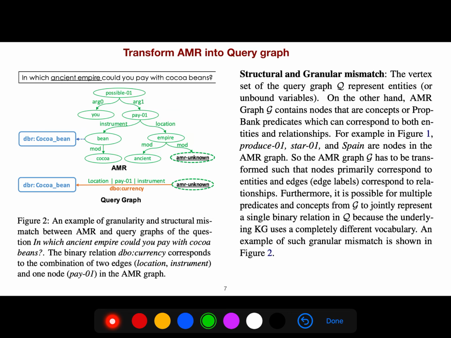For example, in figure 1 that I showed you, produce-01, star-01 and Spain are nodes in your AMR graph. So the AMR has to be transformed such that the nodes primarily correspond to entities and edges correspond to relationships.